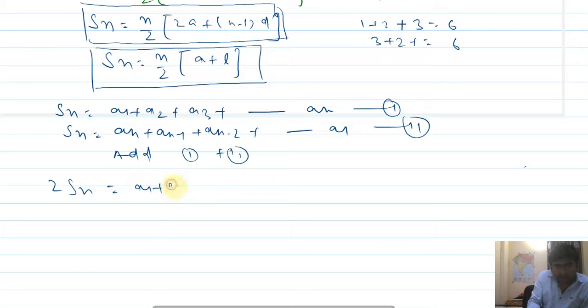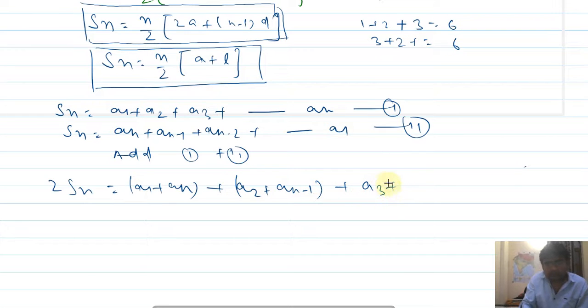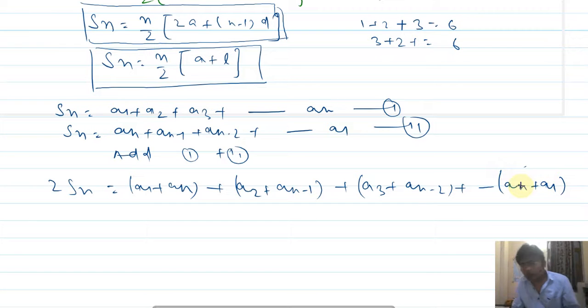Here a1 plus an, just clubbing two terms, then a2 plus a(n minus 1), then a3 plus a(n minus 2), up to an plus a1. How many terms? n terms. All of these pair sums are the same.